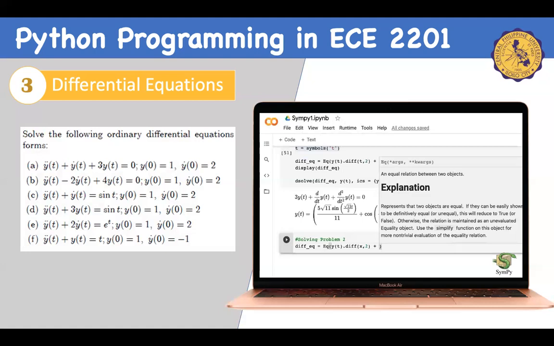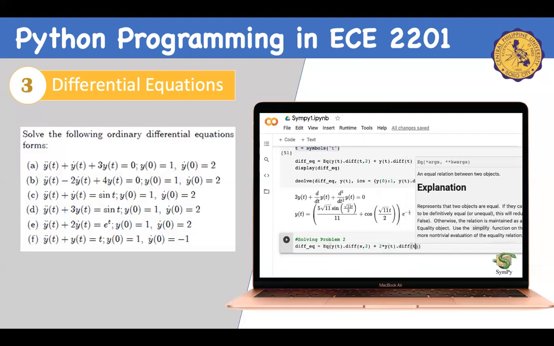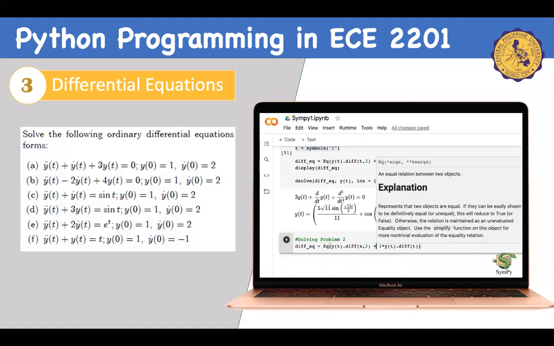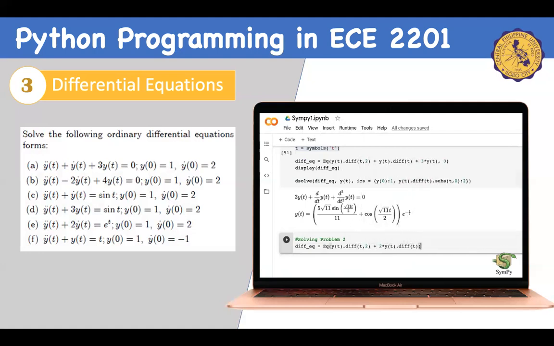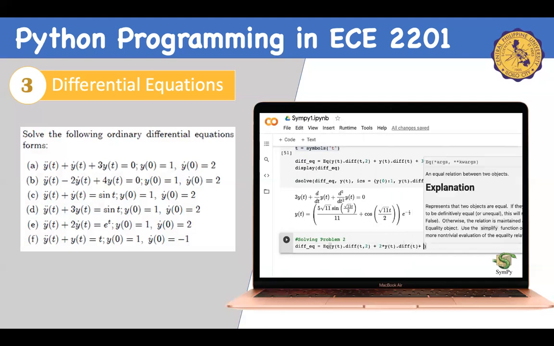Okay, plus we have 2 times y(t), times the derivative of the function of t. By the way, this is t, because I'm used to x. And the last one will be plus 4 y(t), comma 0.